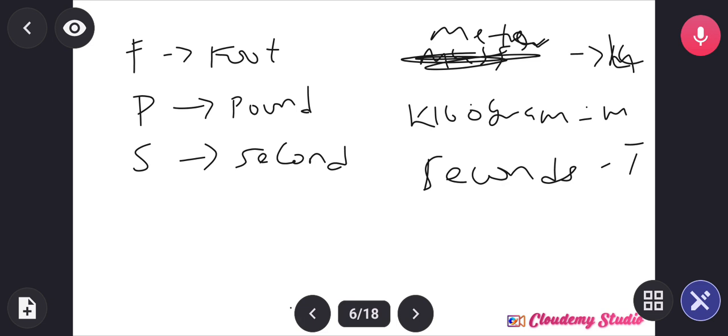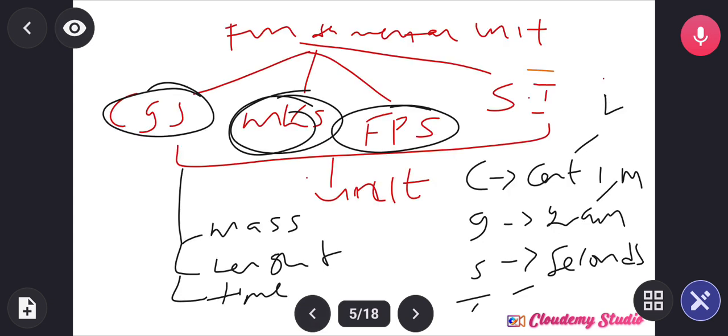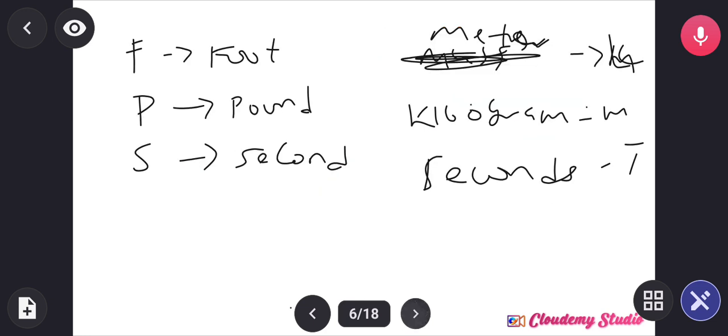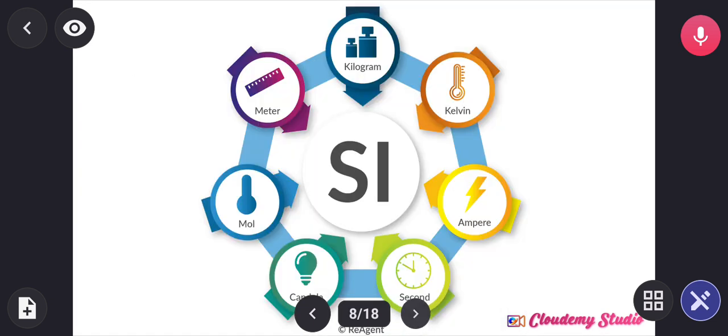Now we have the International System of Units, also known as the SI unit. So when the SI unit came, we discovered that there are four more fundamental quantities. And what are these four fundamental quantities that we have? That is where we have this image that we have here.